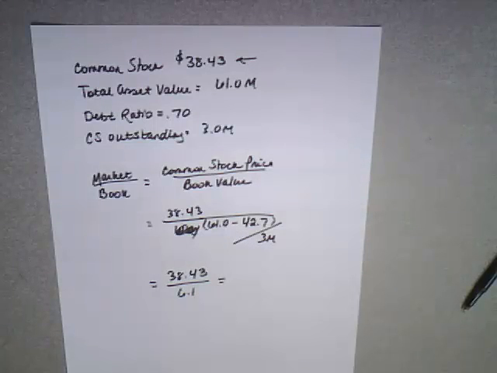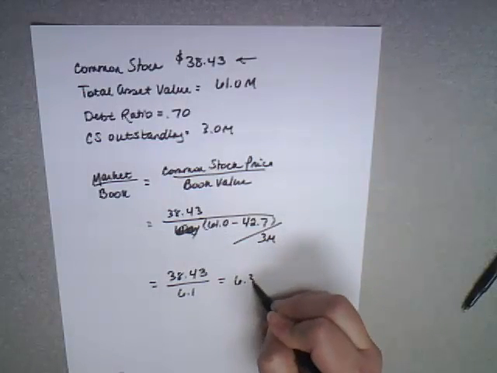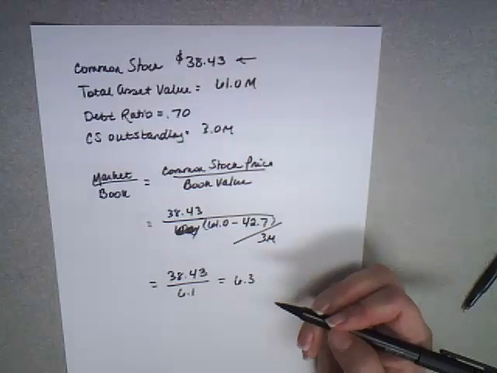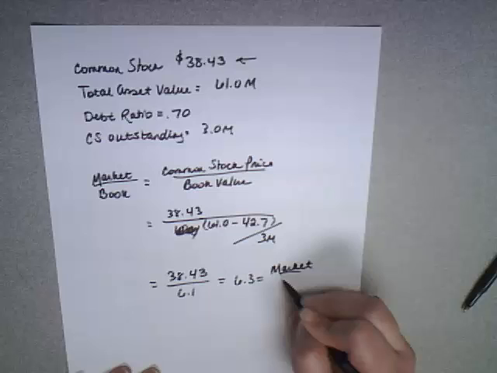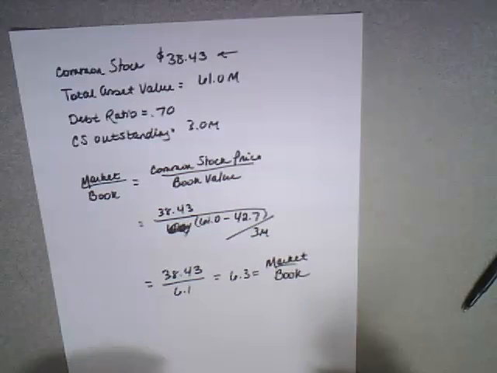And then when we take it a step further, 38.43 divided by 6.1, we end up with 6.3 as the market to book ratio. So you would not have covered this in 211 or 212.